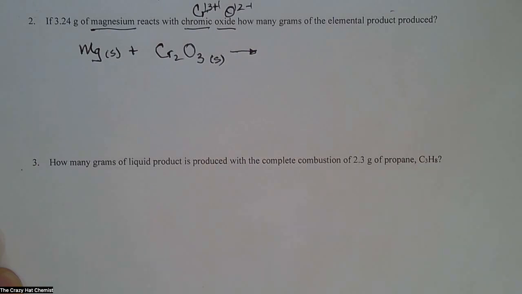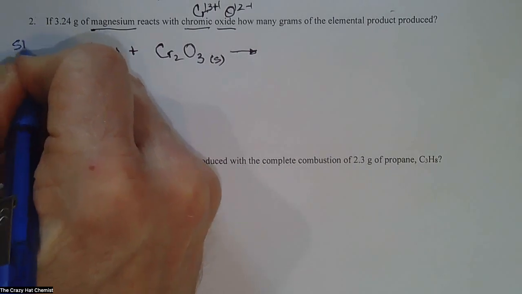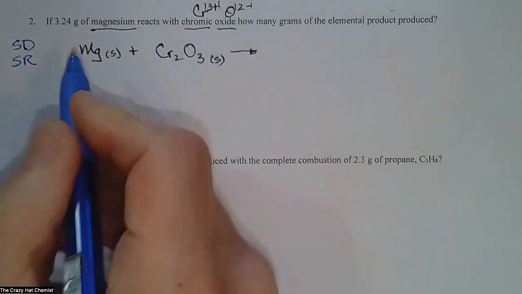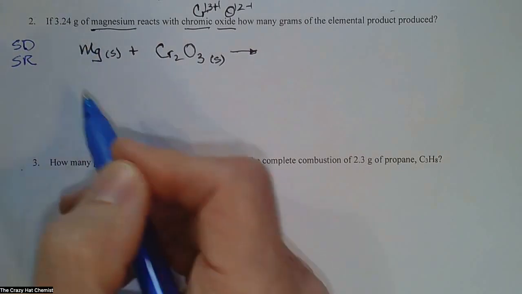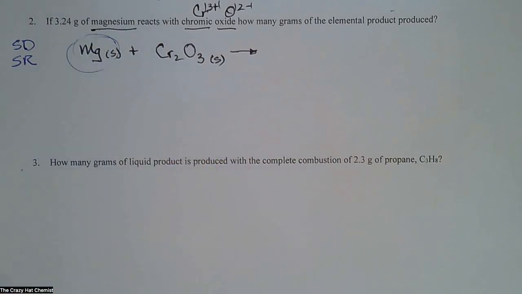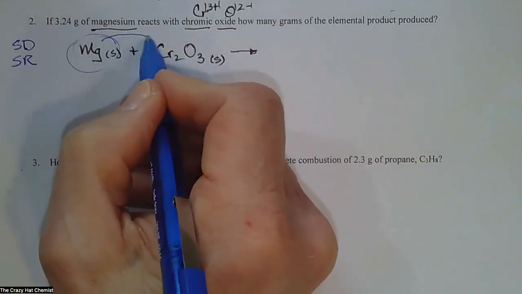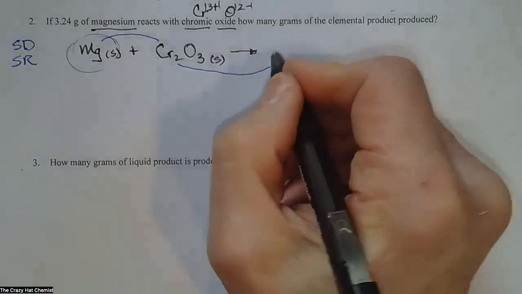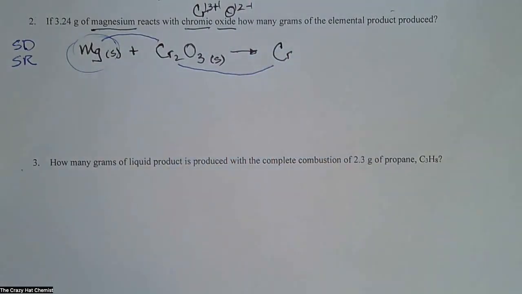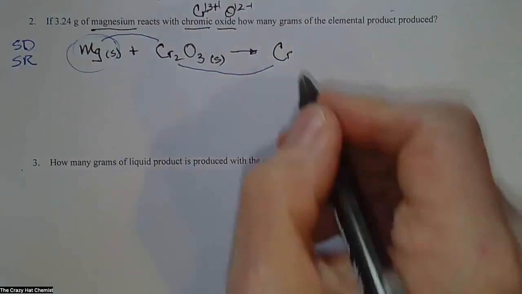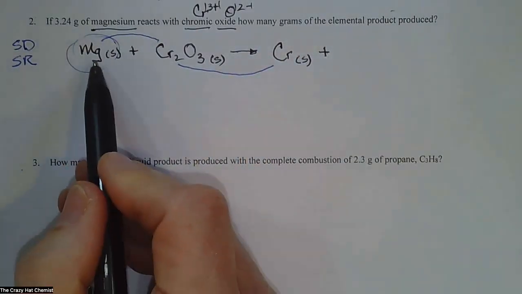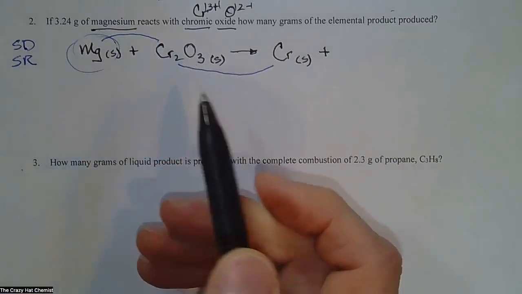Okay, and then we get how many grams of elemental product is produced. So we first need to figure out what type of reaction this is. This is a single displacement or a single replacement type of reaction. Magnesium is a metal, so it will displace a metal. That means it's going to displace the chromium. So now chromium is going to be by itself as an element on the product side, and that is going to be a solid. Then the magnesium and the oxygen are going to get together.